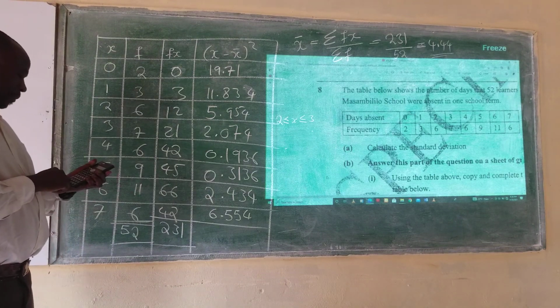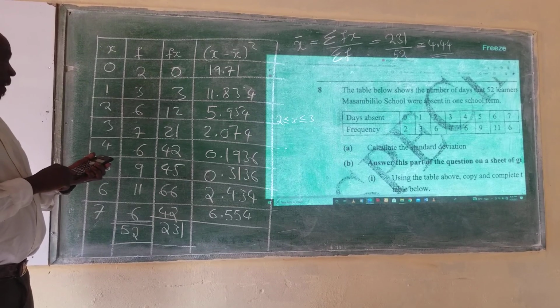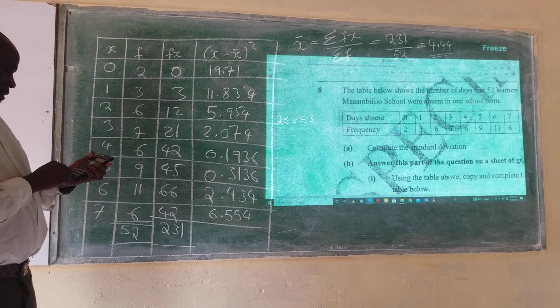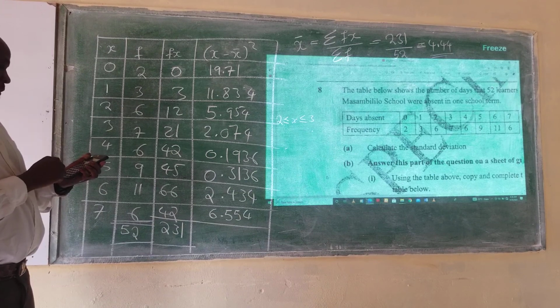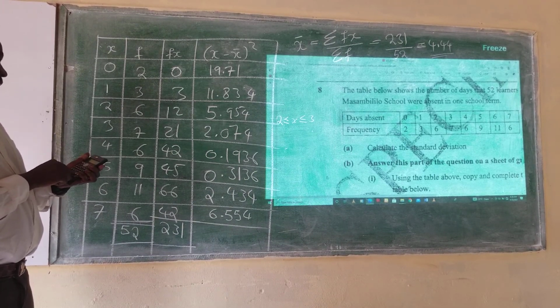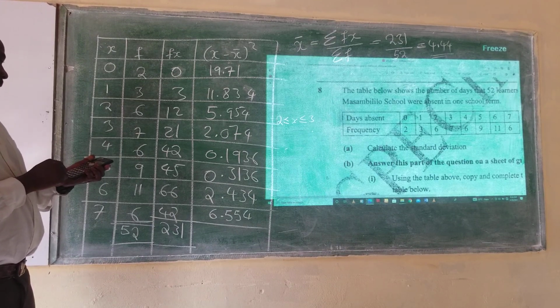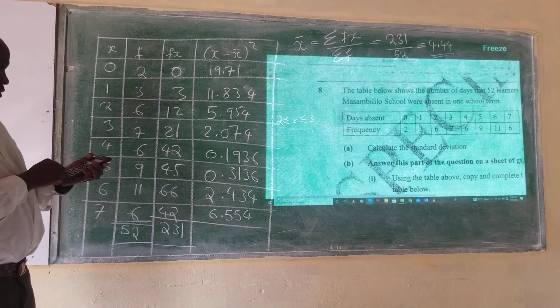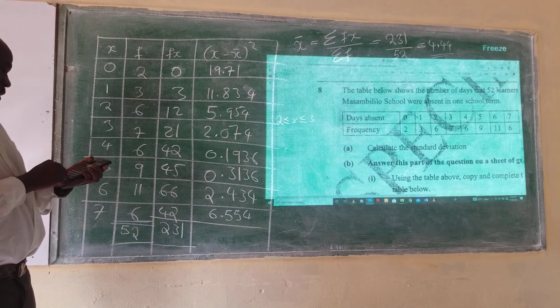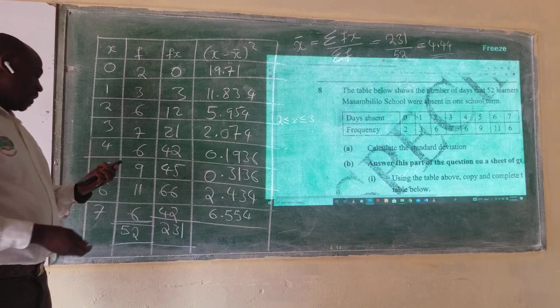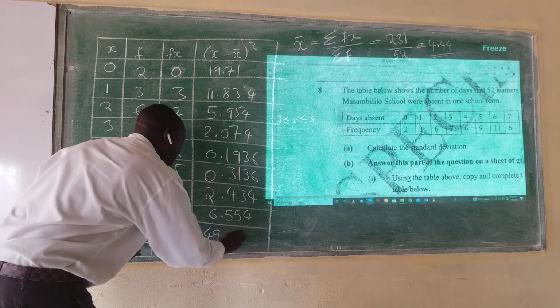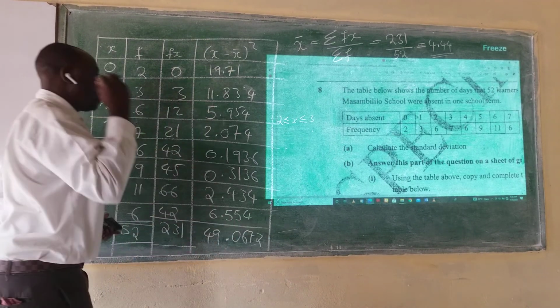So that means we have 19.71 plus 11.834 plus 5.954 plus 2.074 plus 0.1936 plus 0.3136 plus 2.434 plus 6.554, and the total comes to about 49.0672. So when you sum, that's what you're getting.